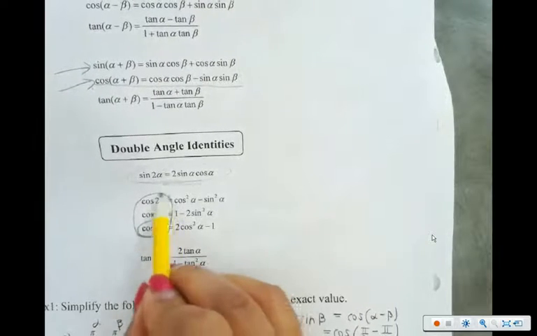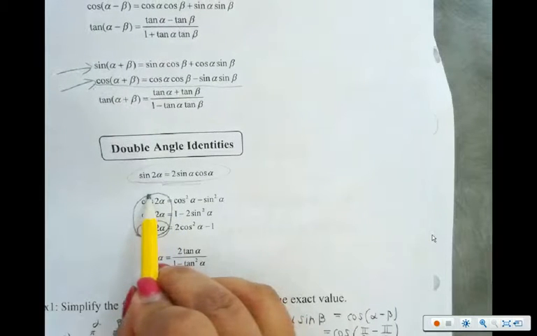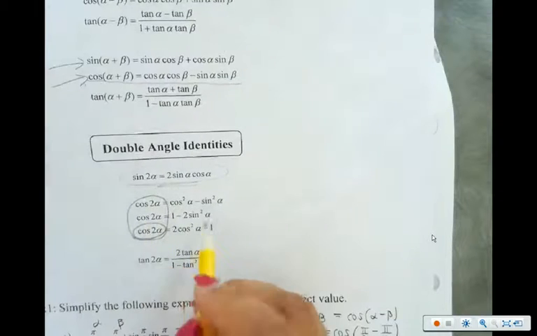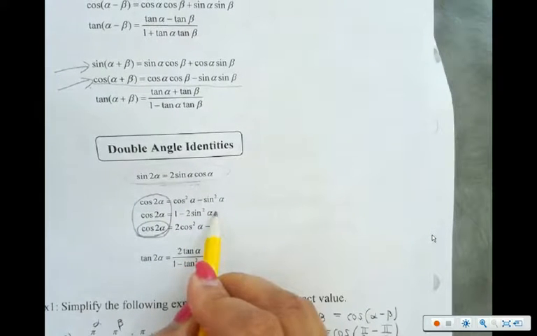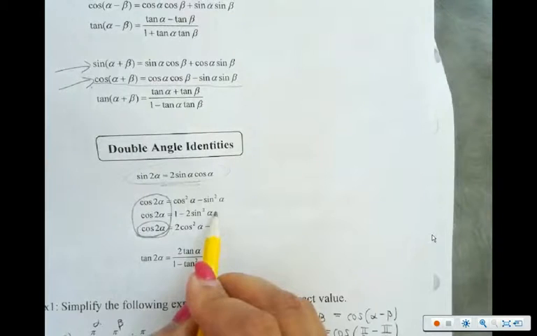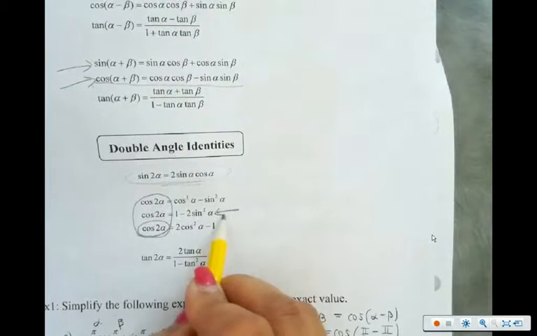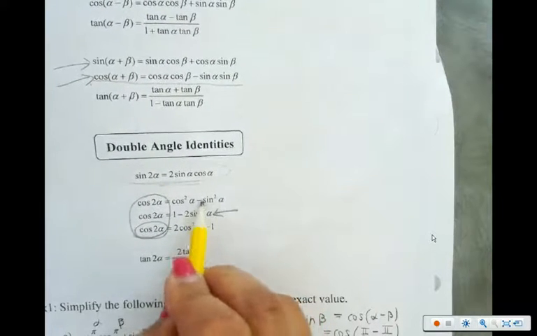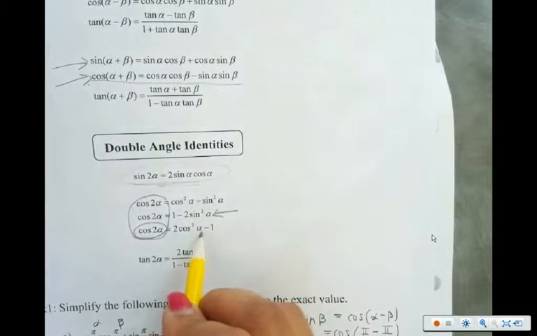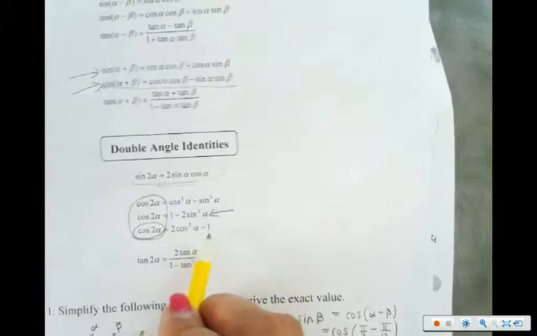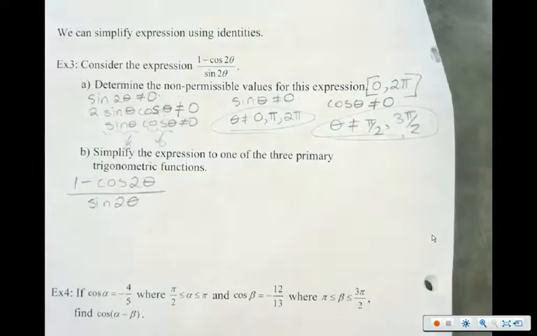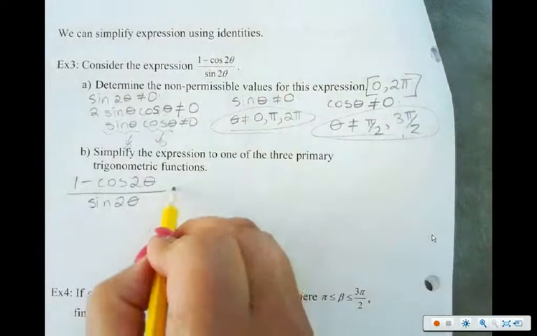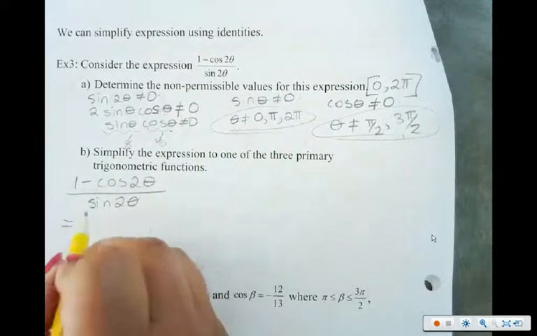Which one would simplify nicely? This top one's a little complicated. The bottom one, it's meh. How do you guys feel? Okay, I'm feeling the second one.